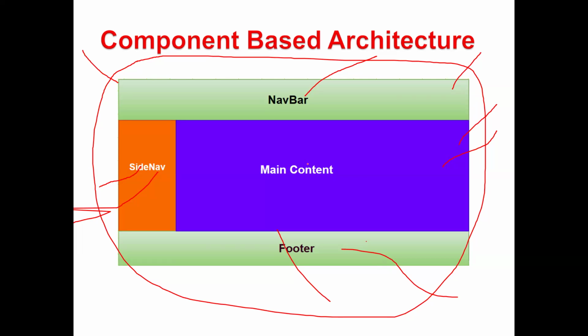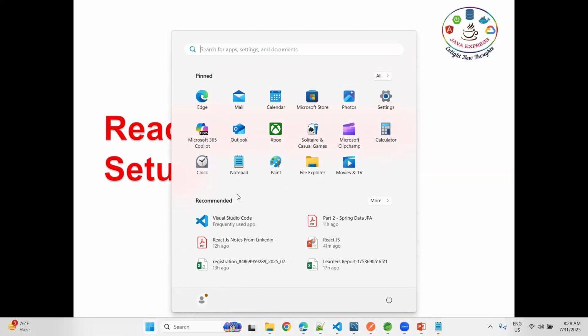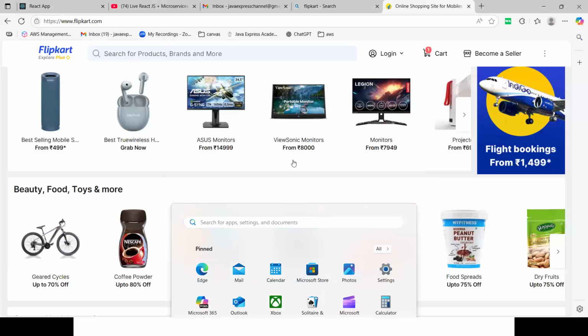The next part will come. Have a look here: how to set up in your local system. For React, you need to install two software packages to run your React application or Angular application or any front end development.